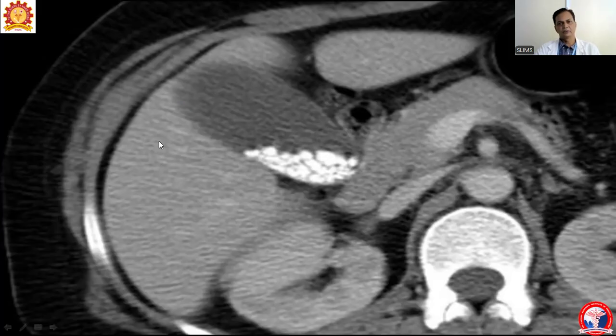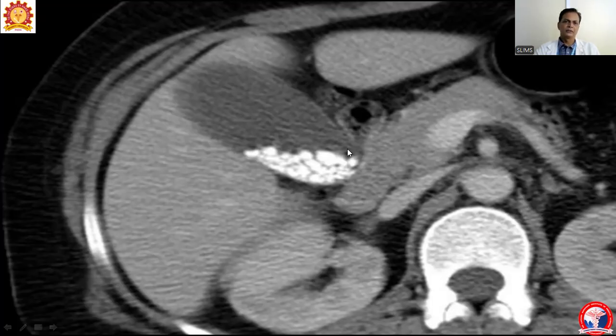CT scan image where there is a well distended gallbladder. The wall is thin and uniform. Adjacent fat is properly maintained, with normal fat density. The liver around is showing normal density, and this is the pancreatic region, and the duodenum here.